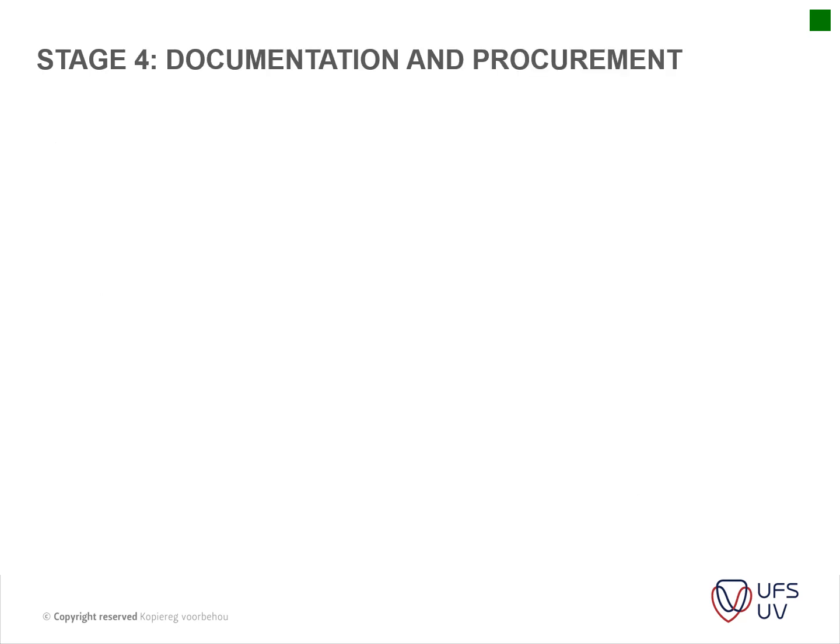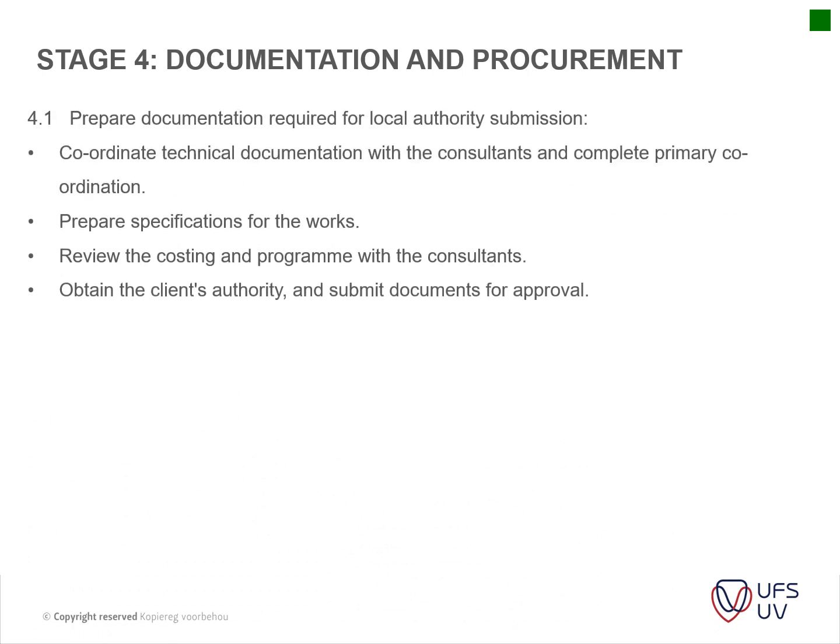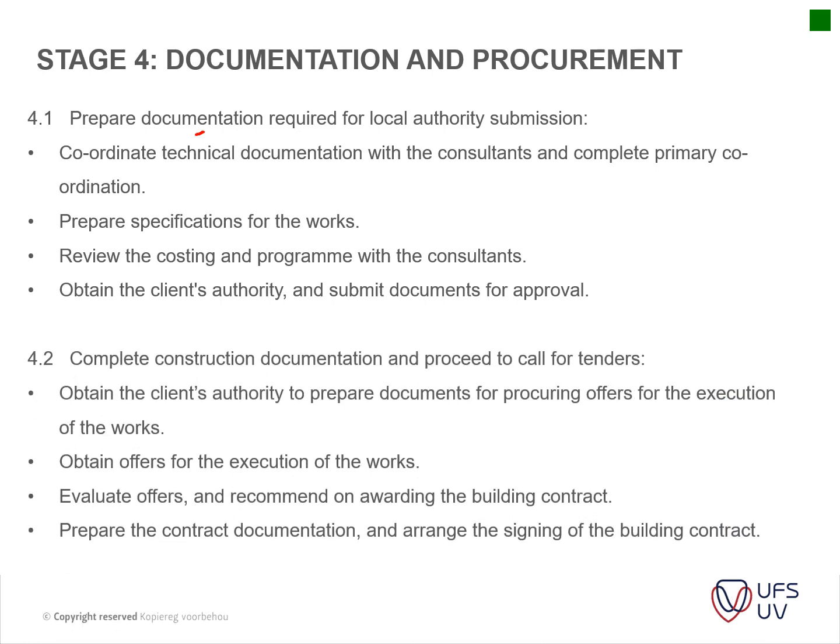And then you've got your documentation procurement. This is where you prepare your documentation required for local authorities for submission, and then you start developing your construction drawings for your contractor. And then the tender is called.